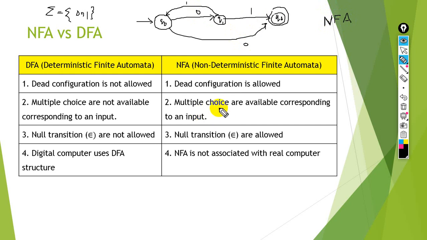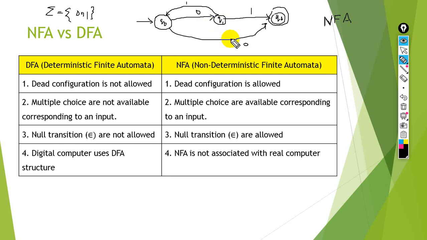Multiple choices are available corresponding to an input in an NFA, but in a DFA this thing is not allowed. Look at this. Here from Q0 we have an input of 1 toward Q1, and from Q0 we have the same input 0 toward Q2, but this is not allowed in a DFA, though it is allowed in an NFA, no problem.